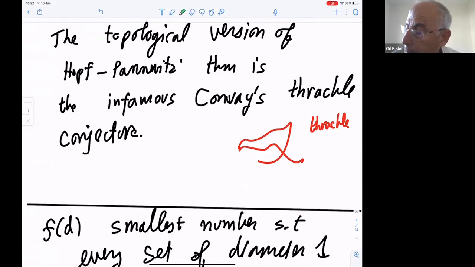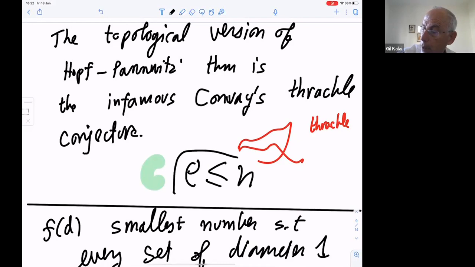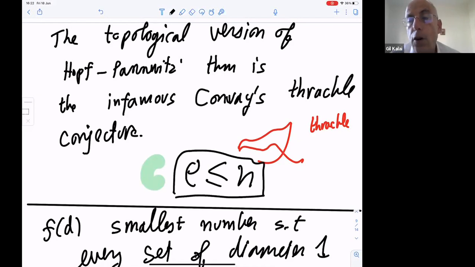So a thrackle is a collection of n points in the plane and some curves between pairs of these points, so that every 2 edges meet precisely once. And the conjecture is that in such a configuration, the number of edges is also smaller or equal to the number of vertices. Sorry. This is a very famous open problem that many people tried, and it's very elementary to state.